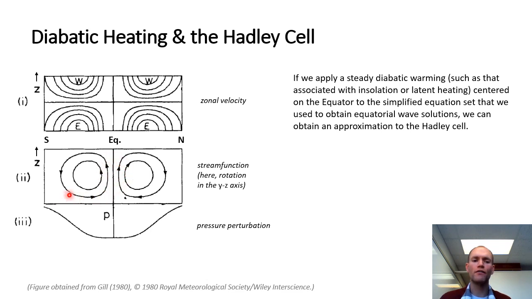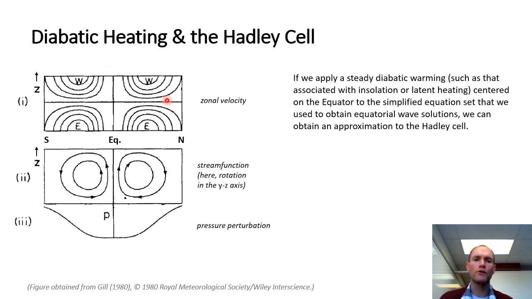We have motion coming from the poles toward the equator near the surface in both hemispheres, and flow going away from the equator toward the poles near the tropopause in both hemispheres, with sinking motion in the subtropics in both hemispheres. The diabatic warming results in a broad negative pressure perturbation, so locally low pressure here near the equator that becomes less negative as you go further away from the equator.